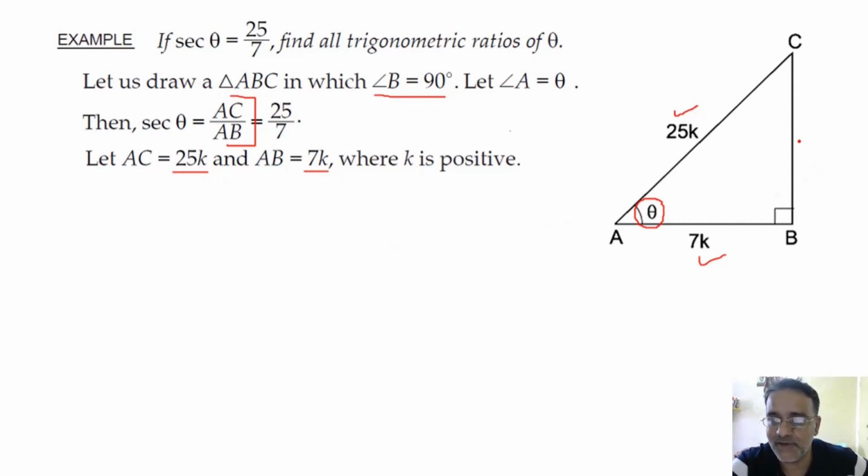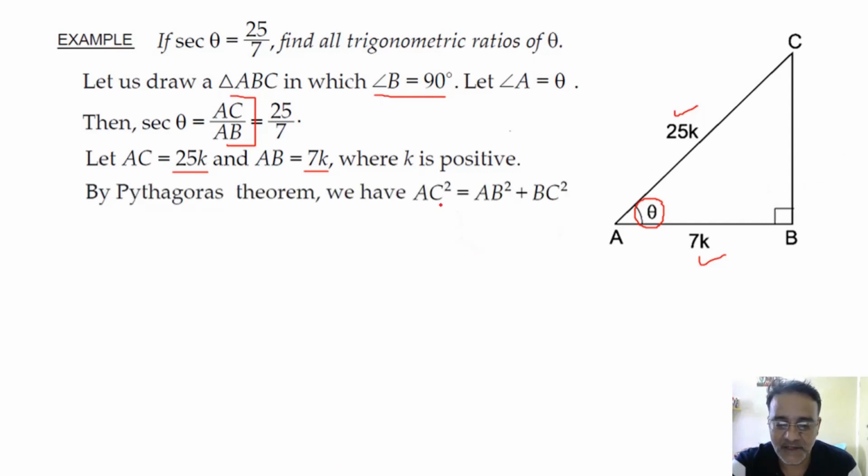Now I want to find BC. How will you find BC? Pythagoras theorem. Right, very good. By using Pythagoras theorem, we get AC square is equal to AB square plus BC square. Now BC square will be equal to, if you shift AB square to this side, AC square minus AB square.